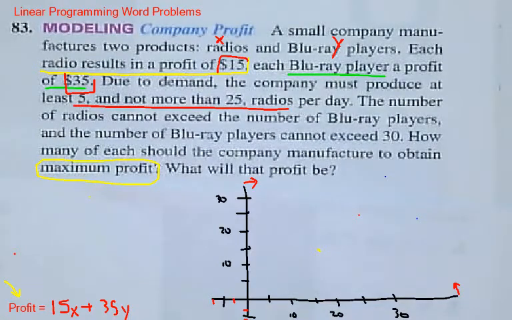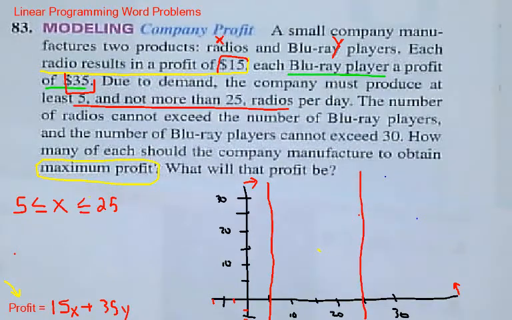Now, believe it or not, it sounds crazy, but it is easy to do because X is radios, and so our numbers need to be between 5 and 25. So the smallest number of radios that I can make is 5, and the biggest number of radios I can make is 25. So it has to be everything in between there, right?